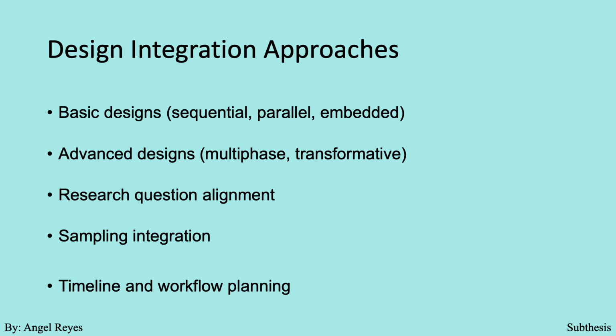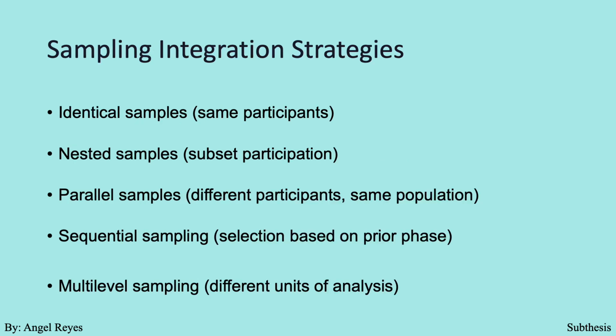No matter the design, the key is aligning the structure with your research questions and planning how the components will relate. This includes sampling integration across phases and timeline planning to coordinate data collection, analysis, and merging processes. Early integration choices shape the coherence and flow of the entire study.